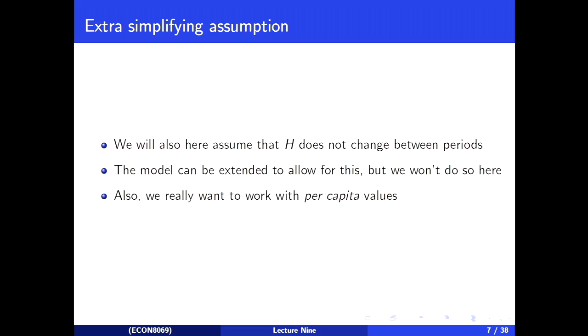It's not super difficult to extend this to allow H to change over time, but we're not going to. And importantly, we're going to work all of this modeling in per capita values, which is slightly different to how the textbook does it, but not significantly different. I tend to think per capita values are the more important thing. It adds an extra step in our analysis, but it's not actually additionally difficult.